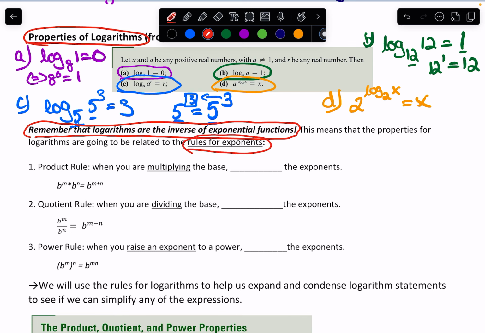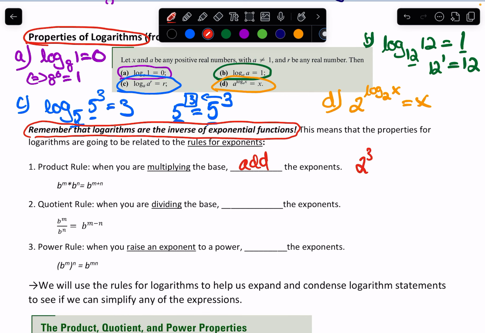So if you think about the product rule, when you are multiplying the base, we add the exponents, right? If we have 2 to the power of 3 times 2 to the power of 4, we do 2 to the power of 3 plus 4, which is 2 to the power of 7, right?